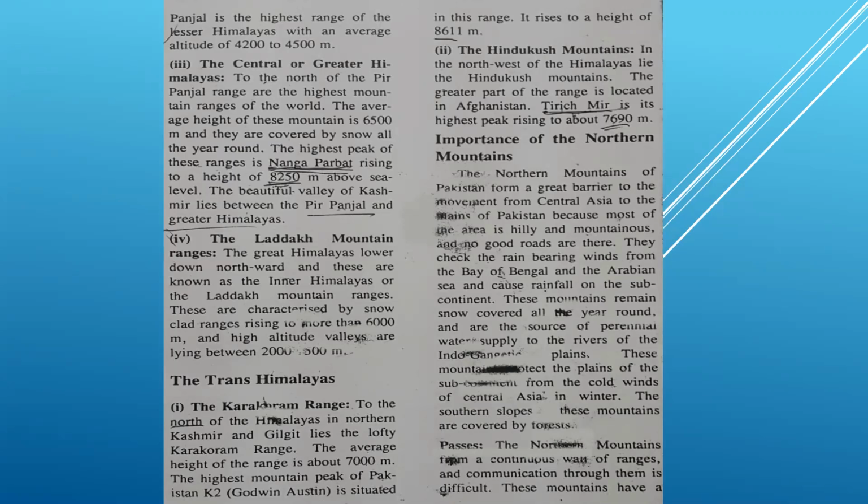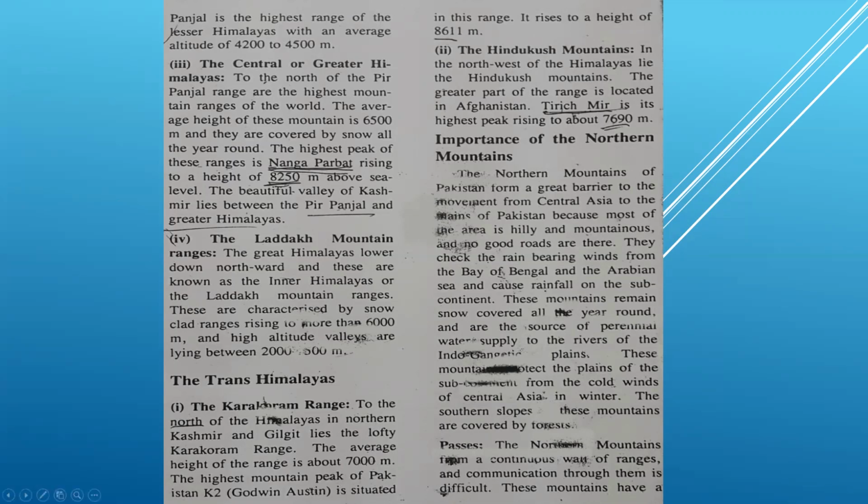They check the rain bearing winds from the Bay of Bengal and the Arabian Sea, and it causes rainfall on the subcontinent. The northern part of Pakistan is the coldest part, and the snow covers it all the year round and is the source of perennial water supply to the rivers of the Indo-Gangetic plain.